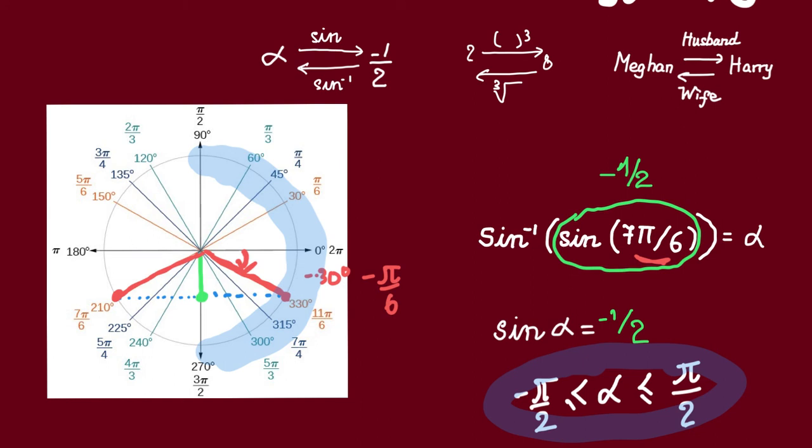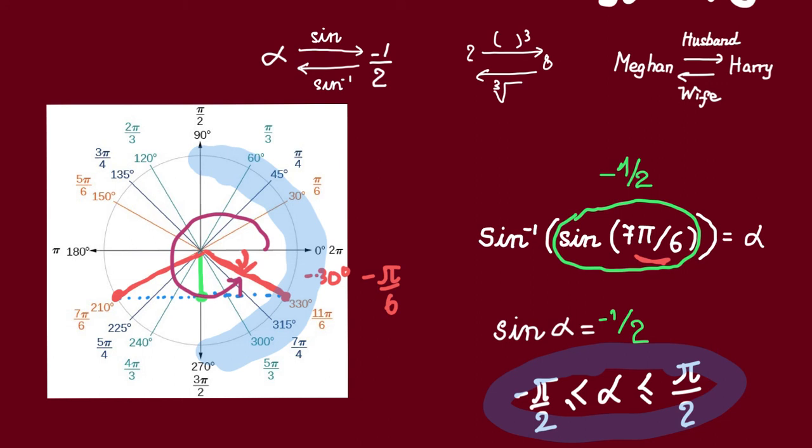But then you mistakenly conclude that sine inverse of minus 1/2 should be 11 pi over 6, because the y-coordinate of this point is indeed minus 1/2, and the terminal ray of this angle lies inside here. Well, observe that we do not just require that the terminal ray lie inside the region here, because if we only require that, we will still have infinitely many solutions, right? Because there are infinitely many coterminal angles.